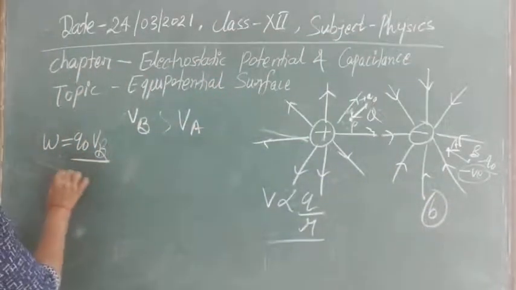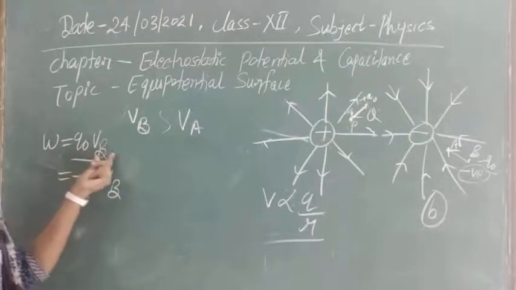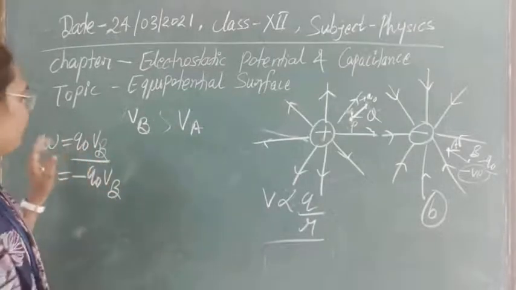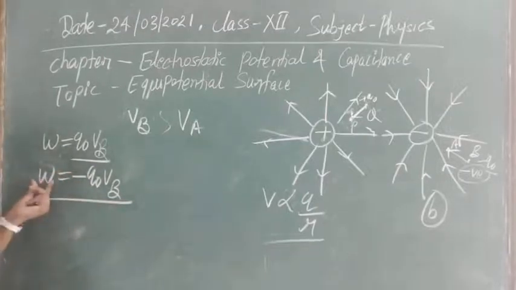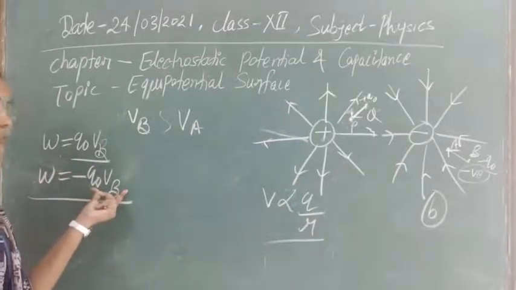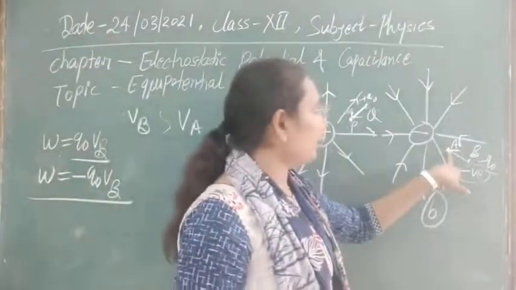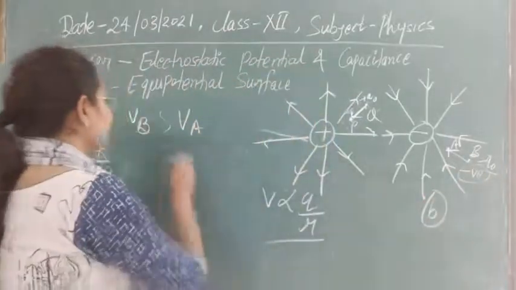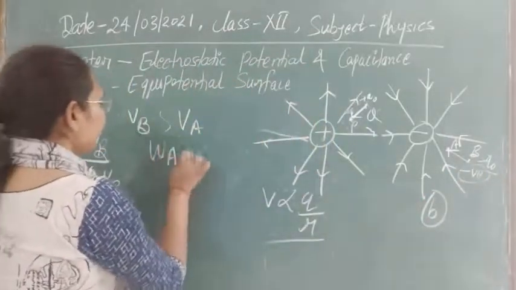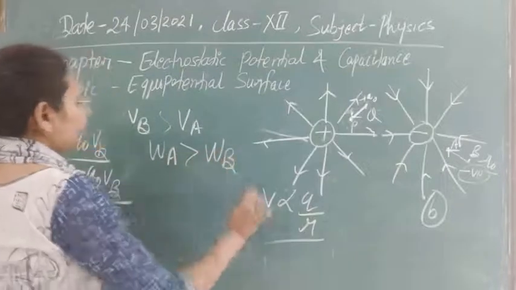As W is Q0 into VB, and this is negative, it means that the work done at point A will be greater than the work done at point B, due to the negative sign.